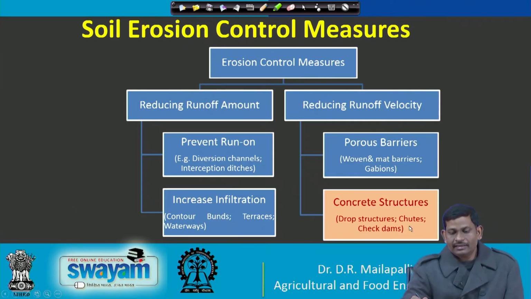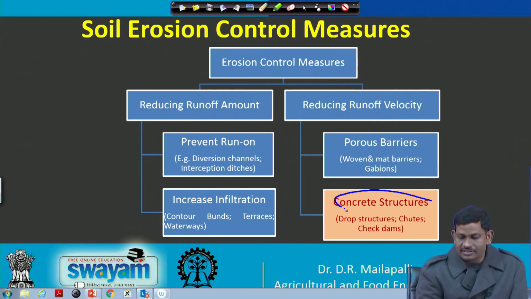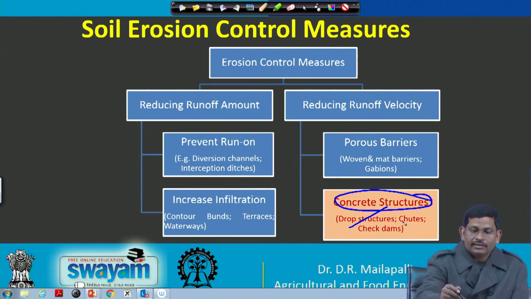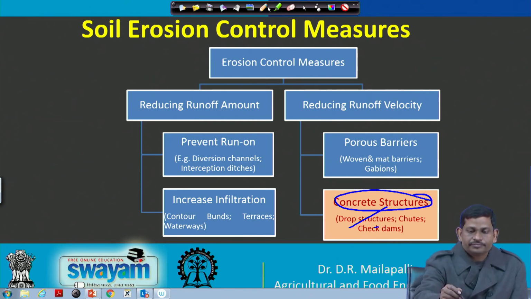Okay, so the final category here is the concrete structures. That will be drop structures, chute and check dams. These are mostly the most effective kind of soil erosion control measures. Let us see.